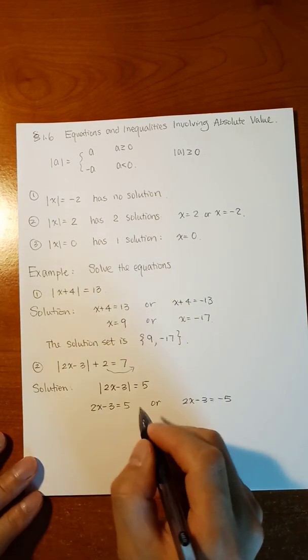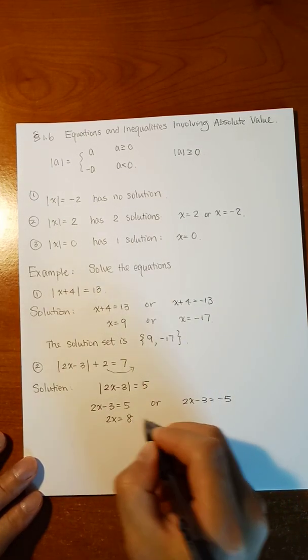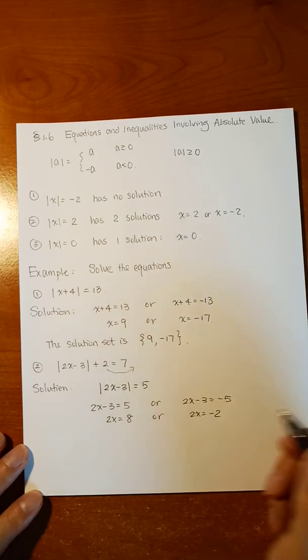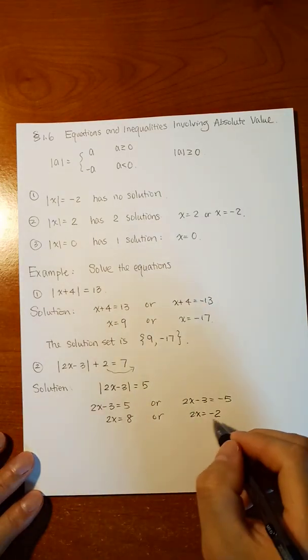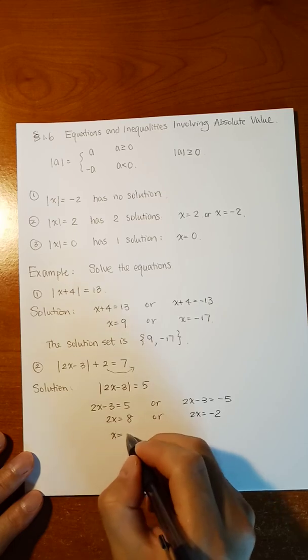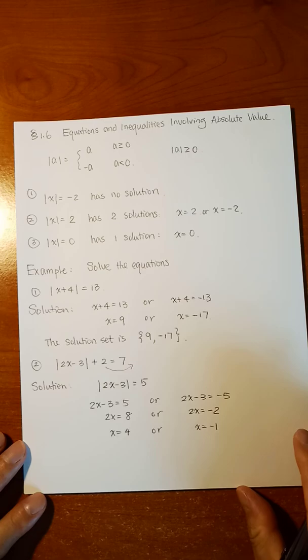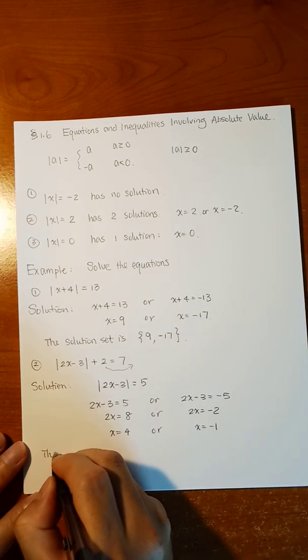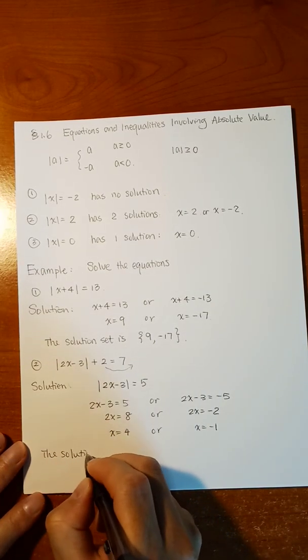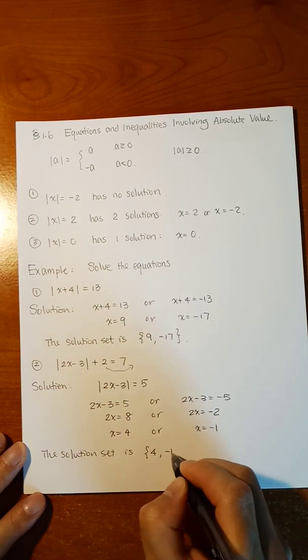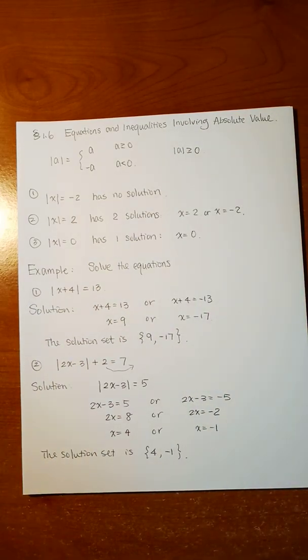Then you move 3 to the other side. You get 2x is equal to 8, or 2x is equal to negative 5 plus 3, which is negative 2. Then you divide by the coefficient 2, and you get x equal to 4, or x equal to negative 1. So the solution set is 4 and negative 1.